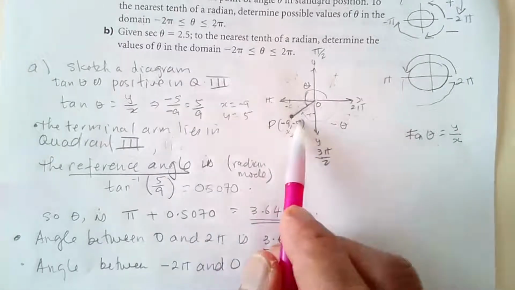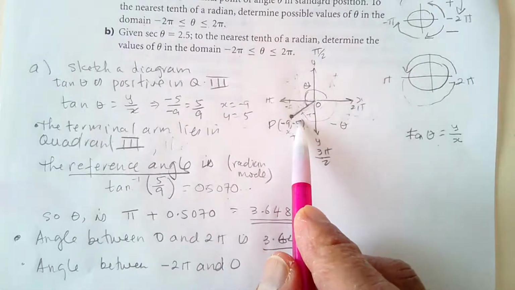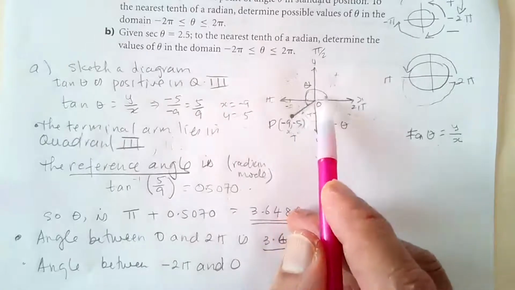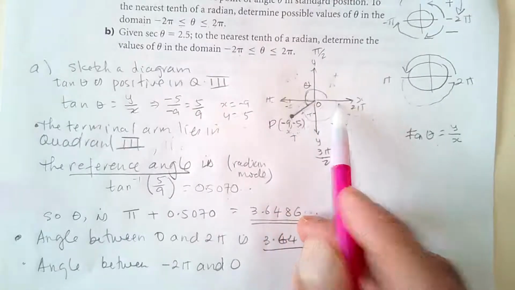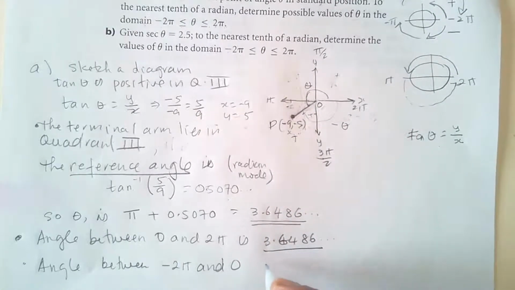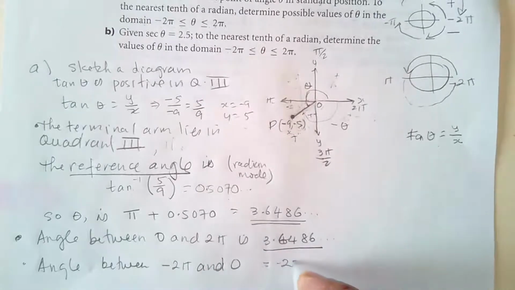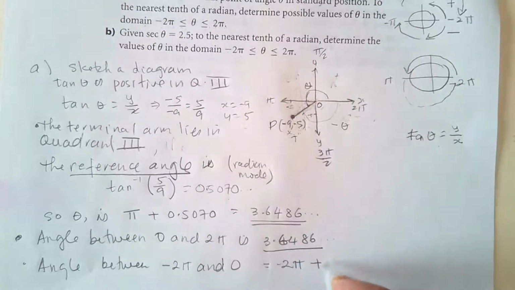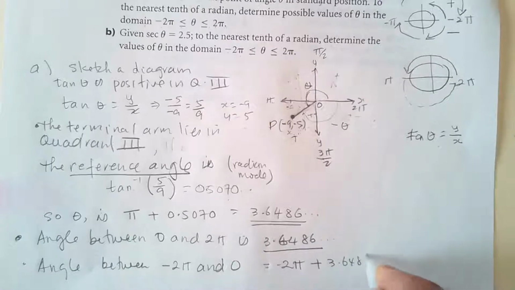Now we know this is 3.64, so we subtract it from negative 2 pi. So it's equal to negative 2 pi plus 3.6486.